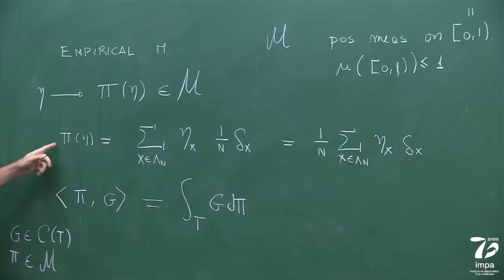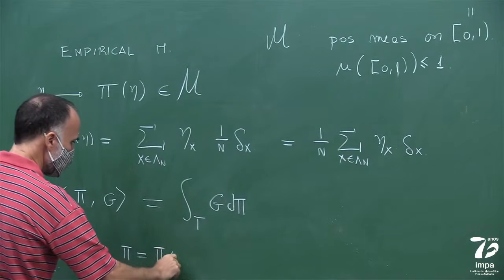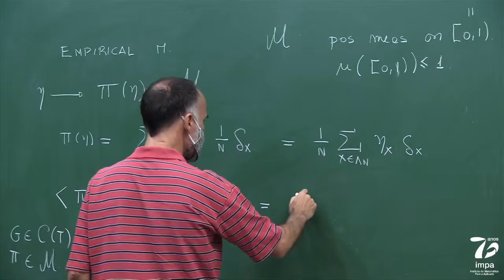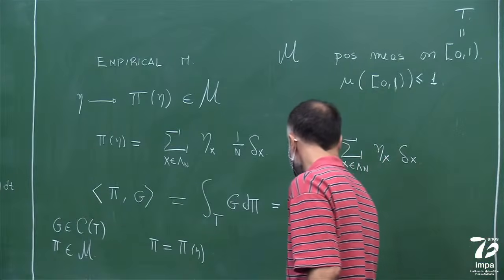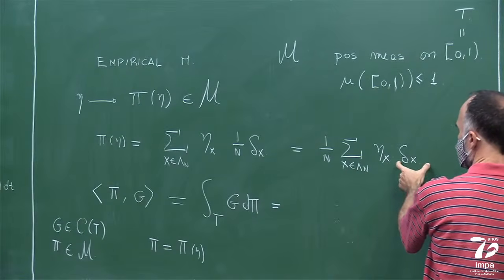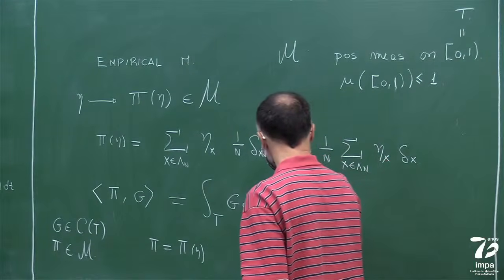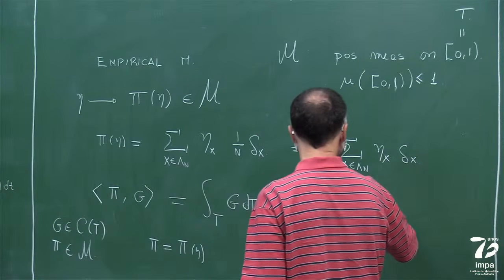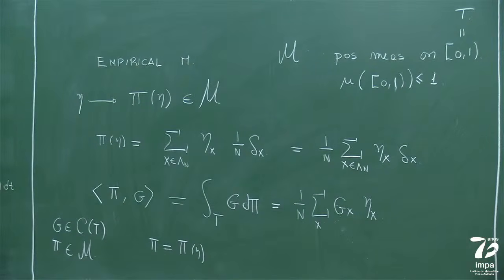And in the case in which pi is equal to pi of eta, this is the integral of g with respect to this measure, and integrating g with respect to that, by linearity, it's the integral of g with respect to this delta x, which is g of x, and therefore that will be equal to 1 over n, the sum over x of g(x) eta x. So this is the integral. Fine?